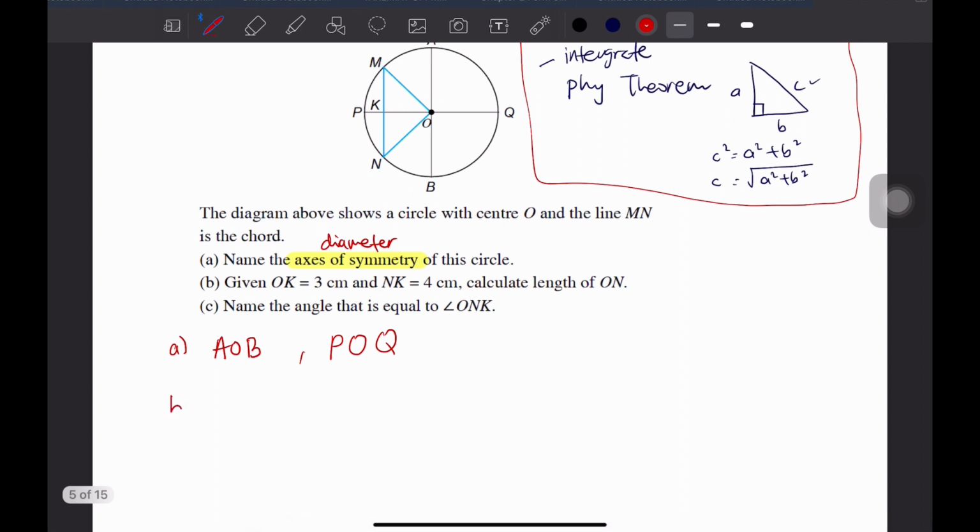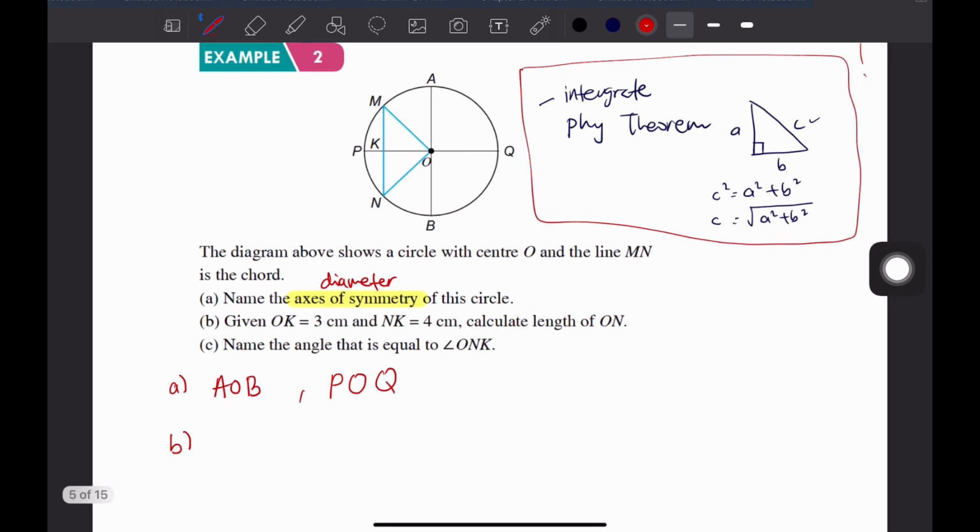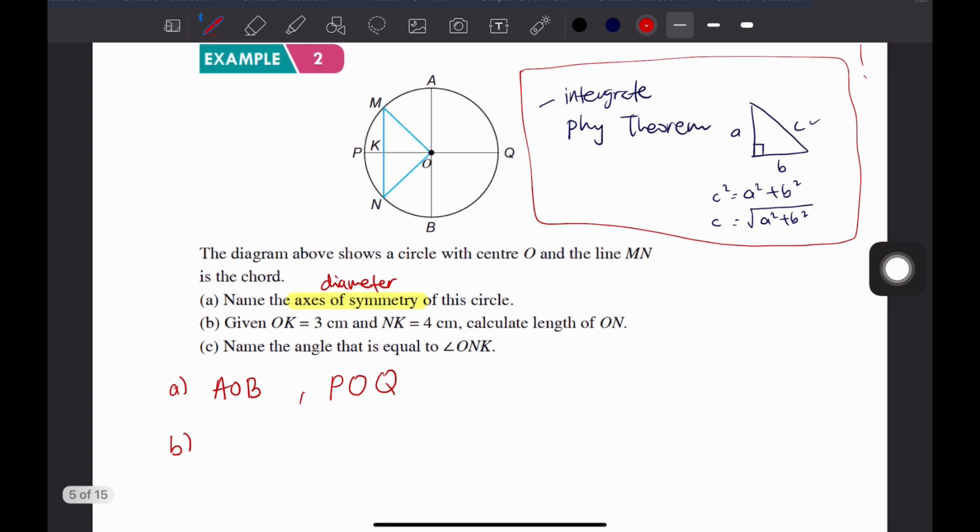Next, B. Given that OK is 3, and NK is 4.